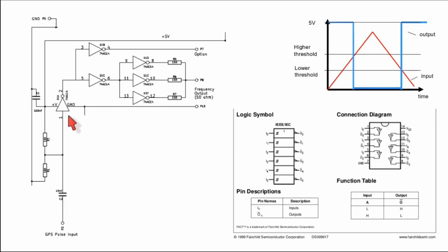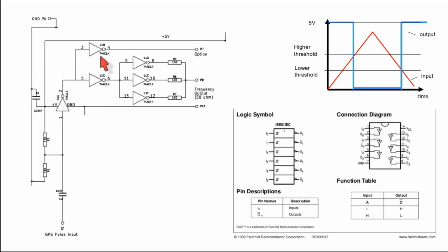The input of the first gate is preset with 2 10K resistors to half of VCC. The PPS signal is AC coupled into this preset gate using a 10 µF capacitor. The output of that first gate is then split and each path run through a second inverter.